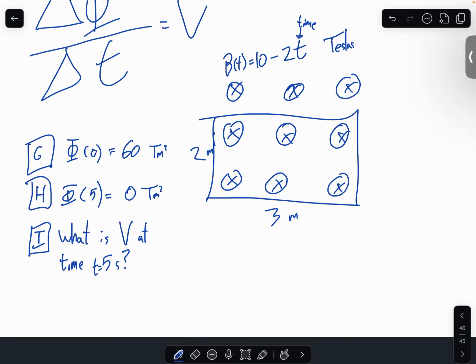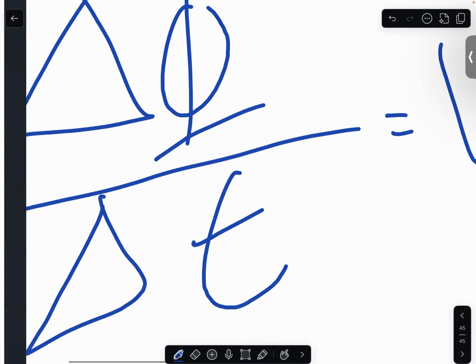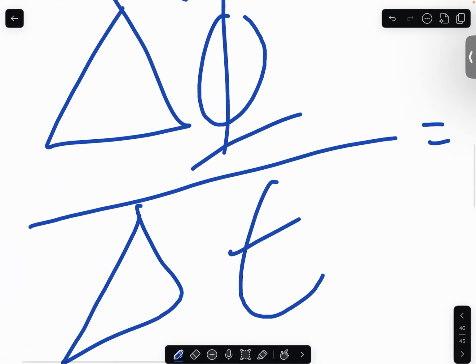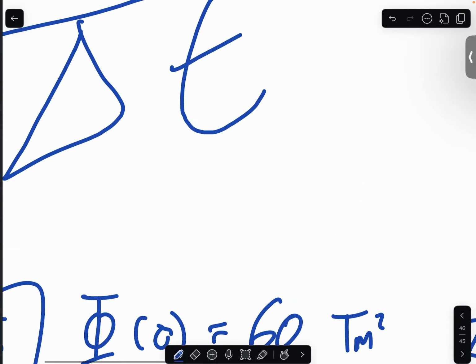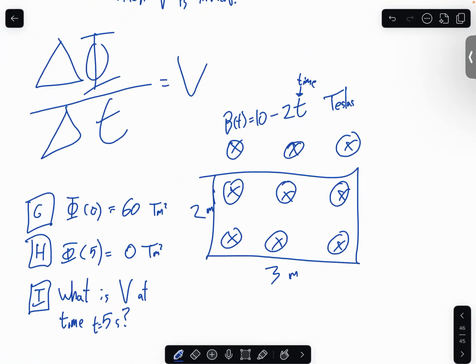Now, the check to see if you're reasoning correctly here, where I expected more people to fall on their face, is that voltage is not phi divided by t. It is change in phi divided by change in t. How has phi changed over these 5 seconds?